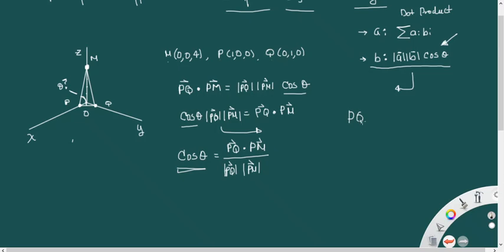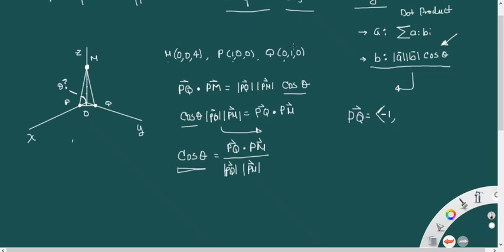Our first vector is PQ. The components for vector PQ, if you remember from the formula, are going to be 0 minus 1, that is minus 1.